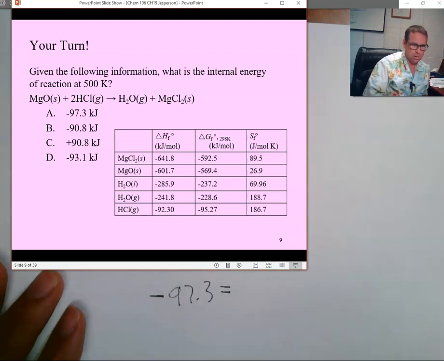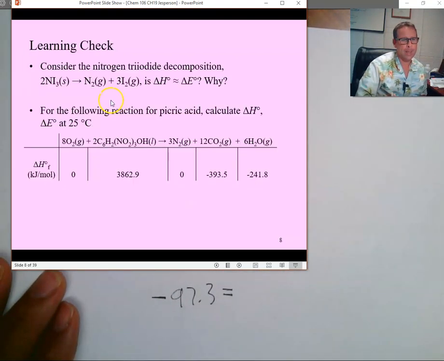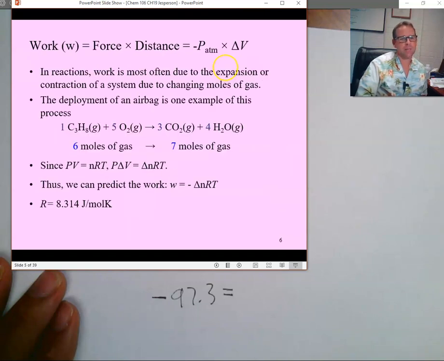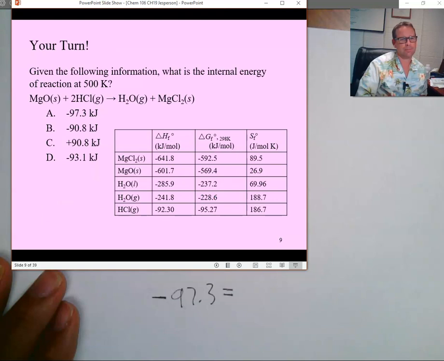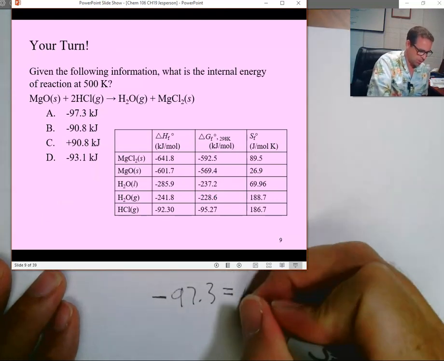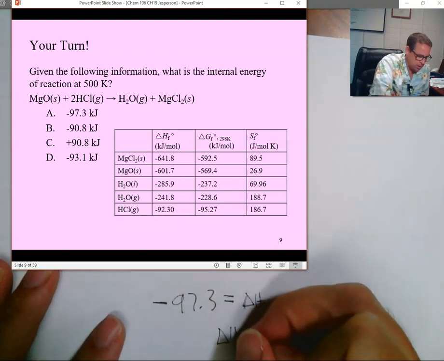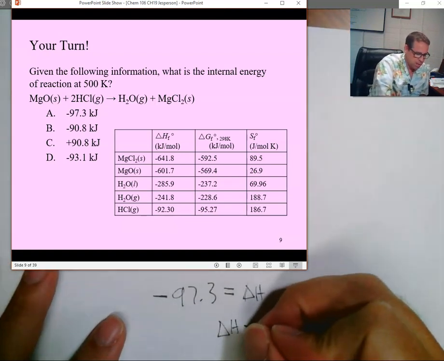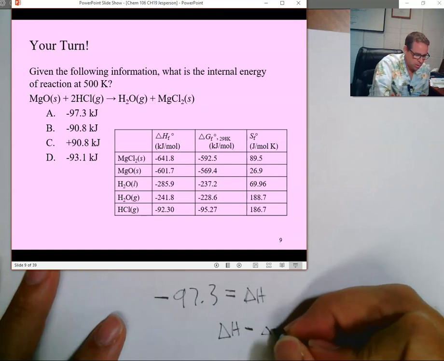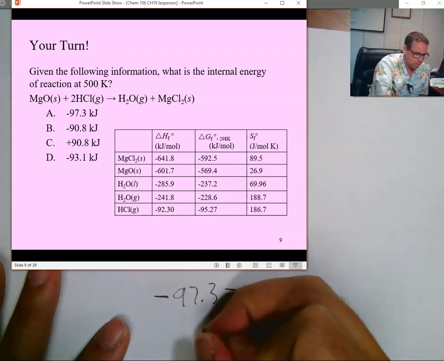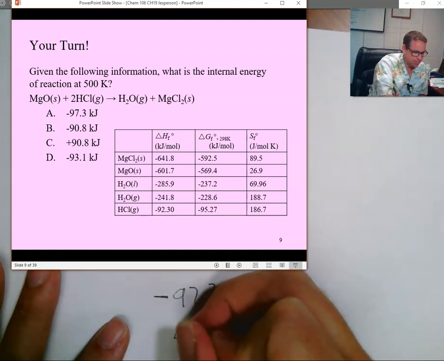Was it, it's the, yeah, the enthalpy, which means the delta H. So this is the delta H, all right? And the delta H minus the change in moles times RT, that will give us the delta E.